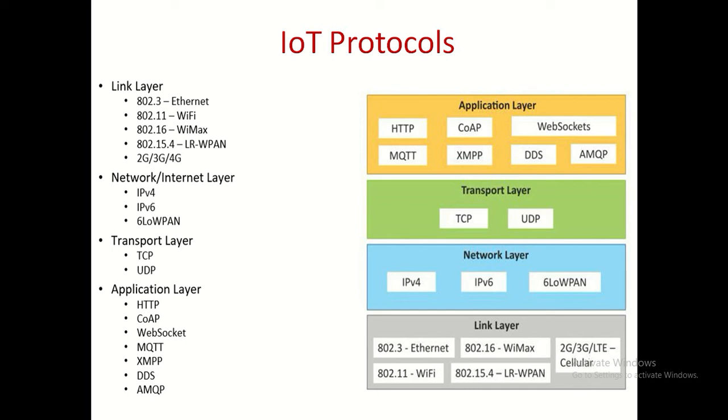As you can understand, the link layer is about the physical medium, how you interface to the network, right? So it could be Ethernet, it could be Wi-Fi, it could be WiMAX, or it could be 2G, 3G, LTE, and cellular networks.